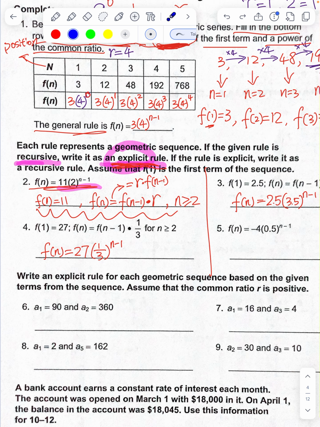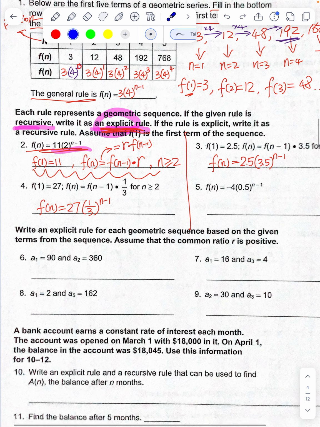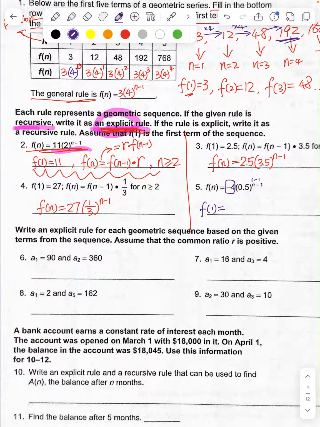Number 5. Very simple. Just one little equation, one little rule, formula. So that means this is an explicit rule. Now I have to separate. Let me figure out the first term. First term is just this number, because the first term has n equal to 1. So 1 minus 1 is 0.